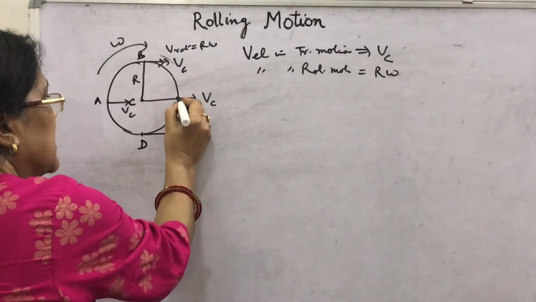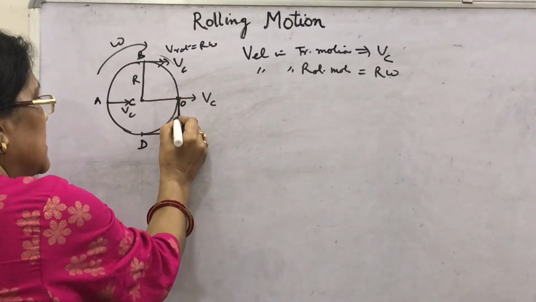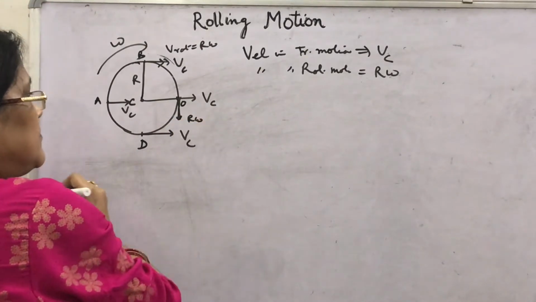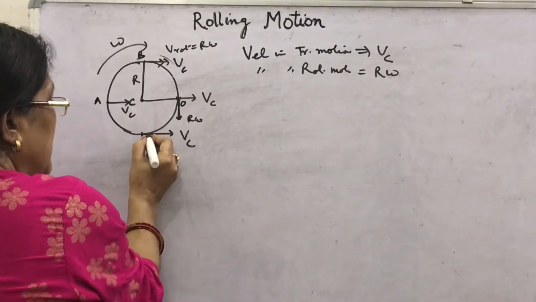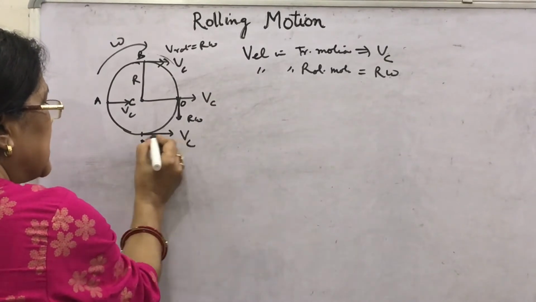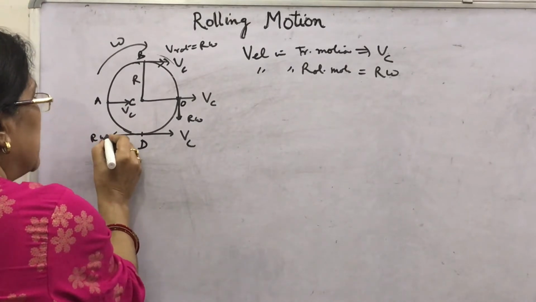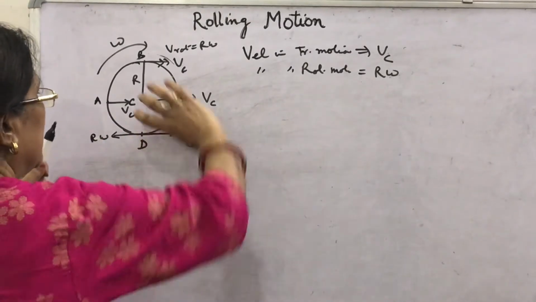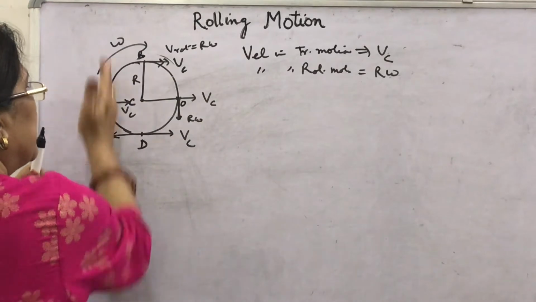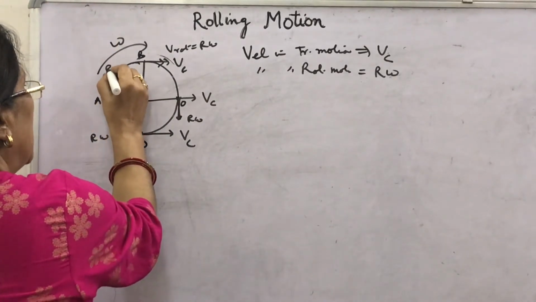In this direction, tangential, again perpendicular to the radius. This is R omega. Similarly here at point D, Vc is the translational velocity, and R omega is the rotational velocity. At point A, the object is rotating like this, so the rotational velocity R omega will be upward.